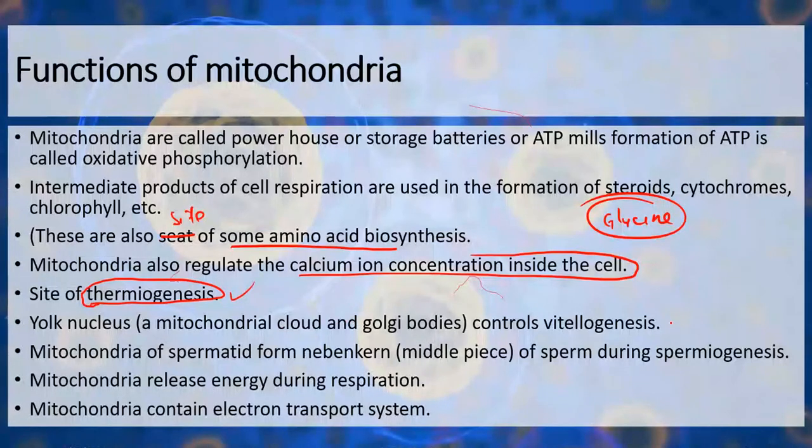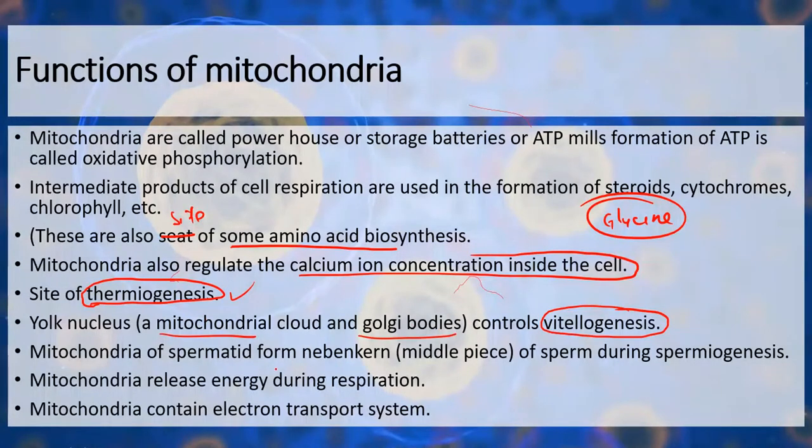Simply they help in egg formation and yolk formation. So that is vitellogenesis. In this process, Golgi bodies and mitochondria are equally involved. Mitochondria of spermatids form the nebenkern, the middle piece of sperm, during spermiogenesis.